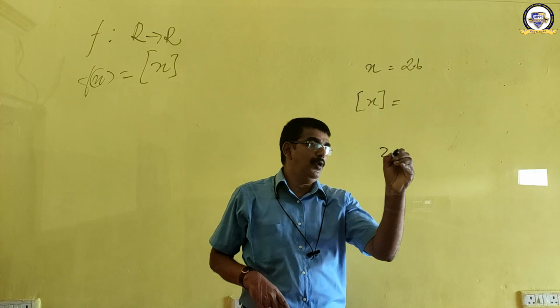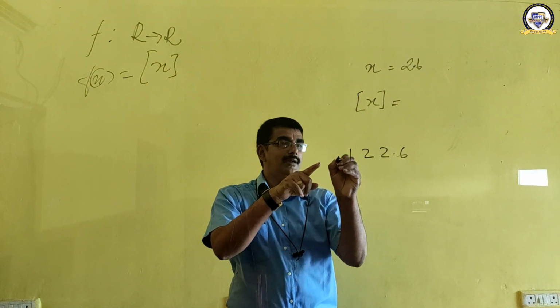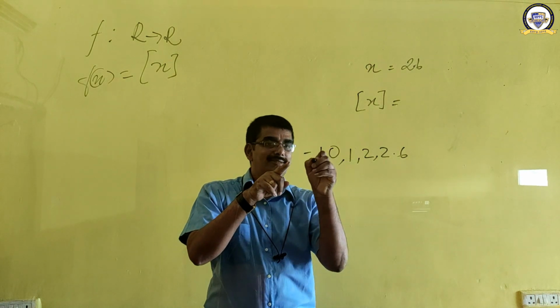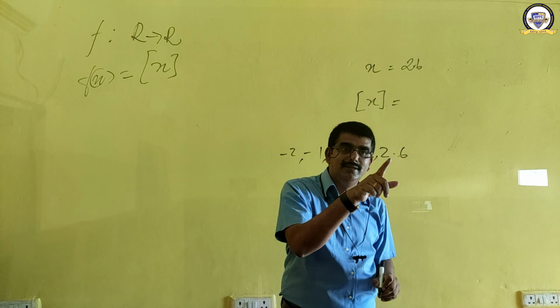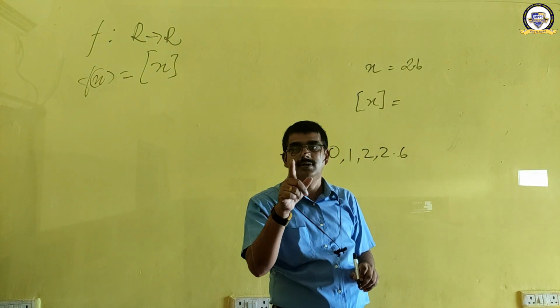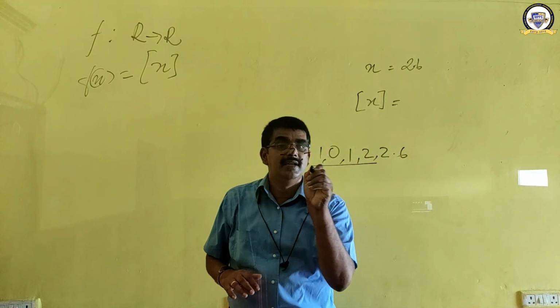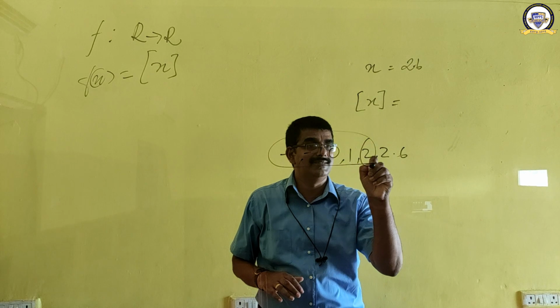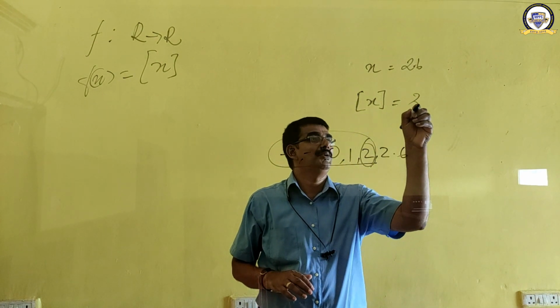See, for 2.6 the nearest integers are 2, 1, 0, minus 1, minus 2, etc. Which one is the greatest number among these nearest integers? That is 2. So, the greatest integer of x is equal to 2 always.